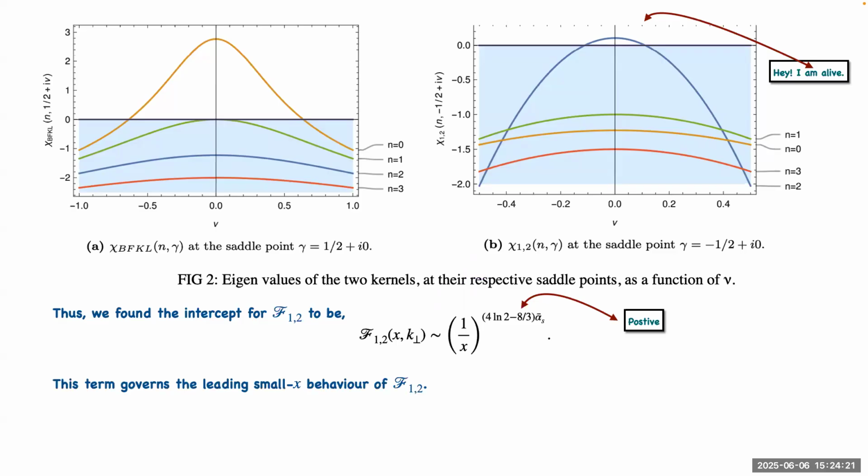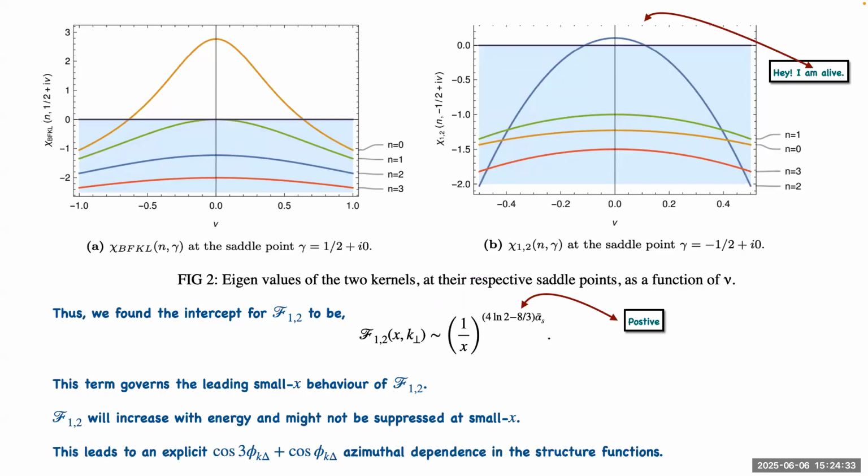This will govern the leading behavior for F12 at small x. And it is supposed to increase at small x, which was earlier supposed to be ignored. And the mode corresponding to n equal to 2 will lead to an explicit phi dependence, which was not present for the standard BFKL.